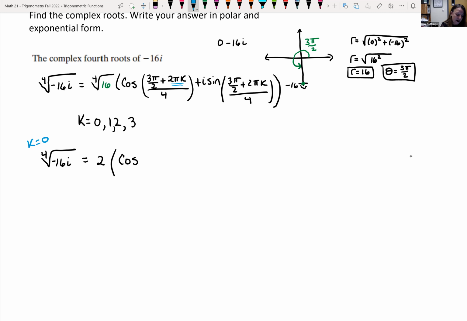And I'll have 3 pi halves divided by 4. So let's just look at that really quickly. So 3 pi halves divided by 4. So this is 3 pi halves times the reciprocal of 4, which is 1/4. So this gives me 3 pi eighths. Plus I sine of 3 pi eighths.